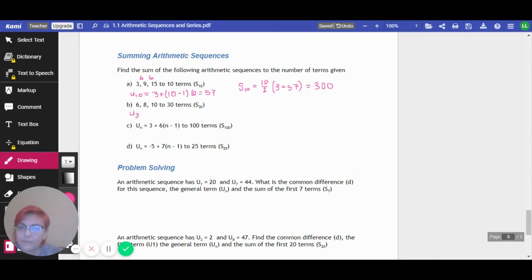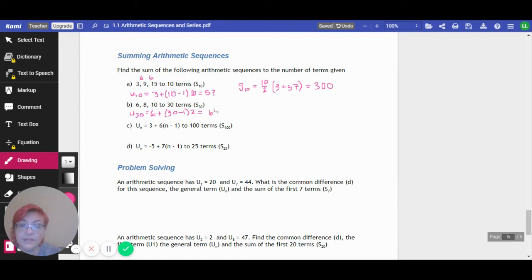U30 equals first term 6 plus 30 minus 1 times 2. All right, 6 plus 30 minus 1 times 2 is 64.